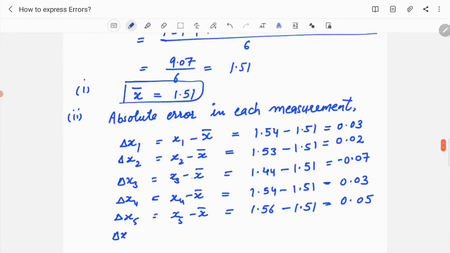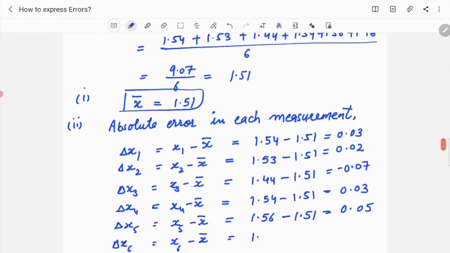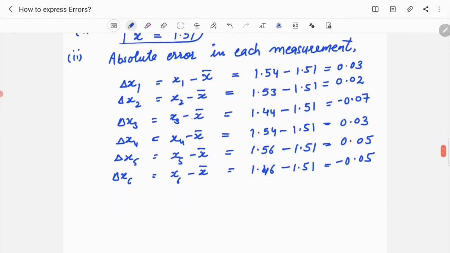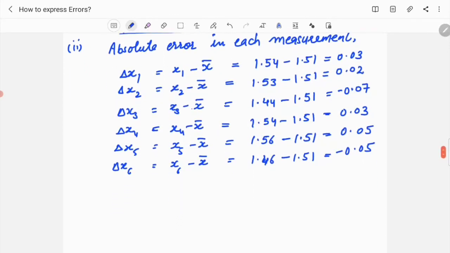And the last one is x6 minus x bar, 1.46 minus 1.51. This is minus 0.05. So these all are the absolute errors in each measurement.